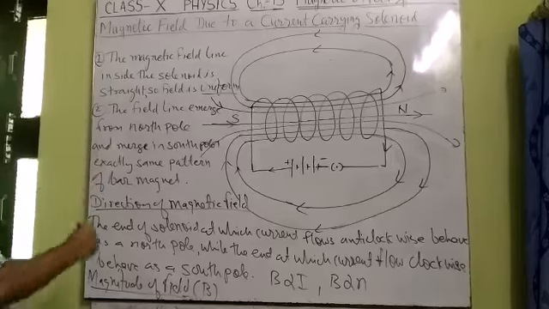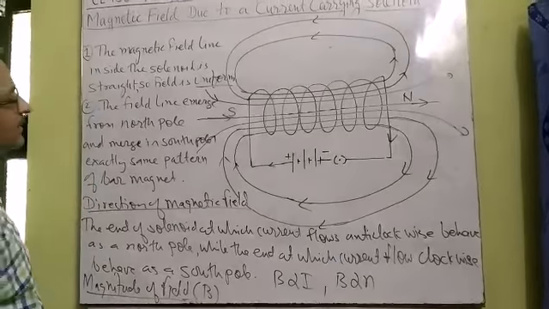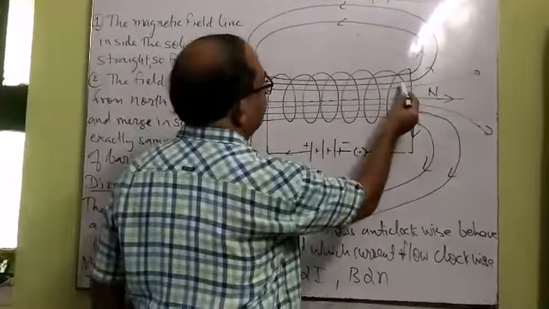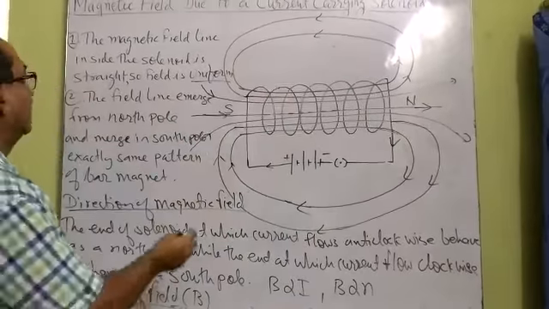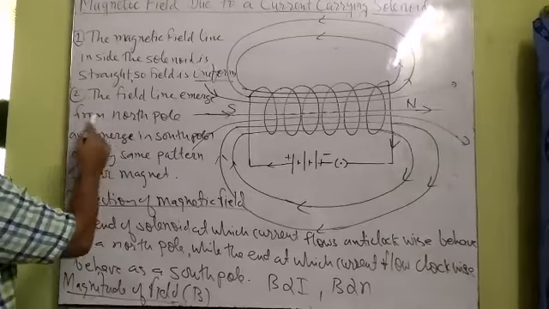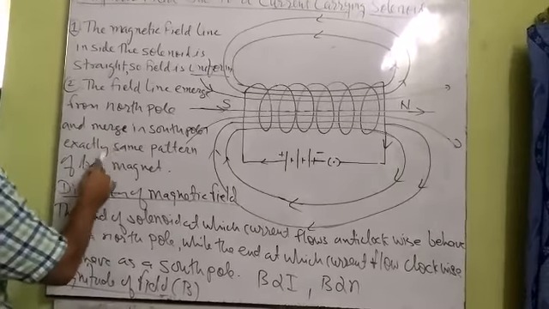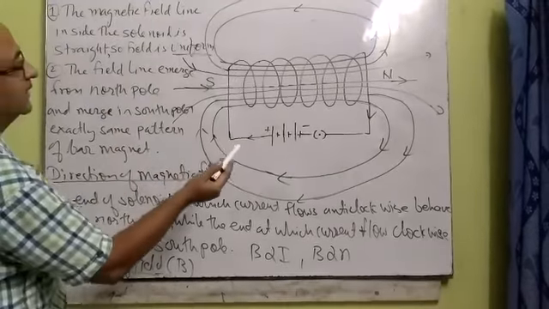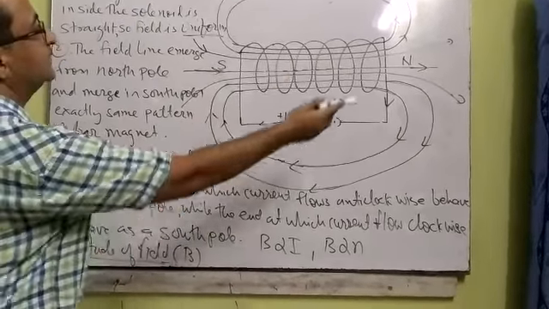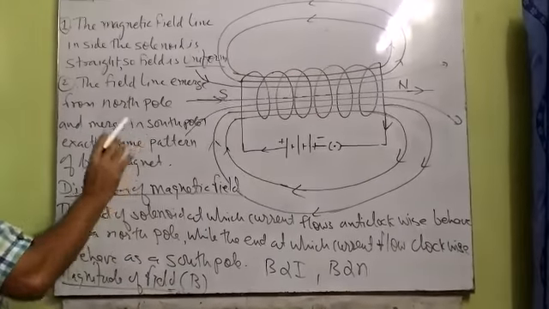The solenoid acts like a bar magnet in which the magnetic field lines always emerge from the north pole and merge in the south pole, exactly the same pattern as a bar magnet.